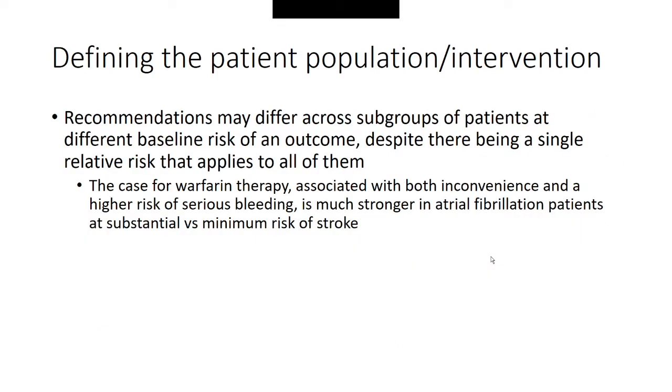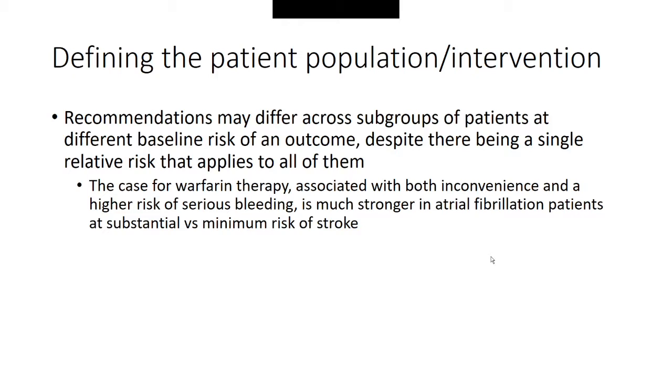Recommendations may also differ across subgroups of patients at different baseline risk of an outcome, despite there being a single relative risk that applies to all of them. So, for example, looking at warfarin therapy, it's associated with an anticoagulant effect, but it also has the downside of having both risk of bleeding and also its inconvenience.